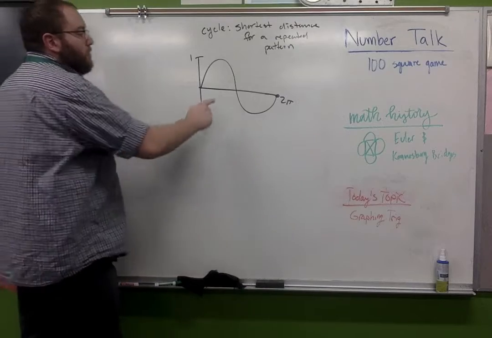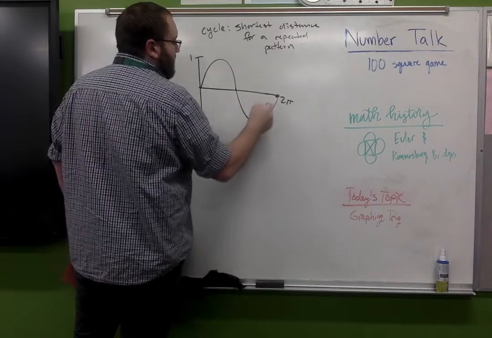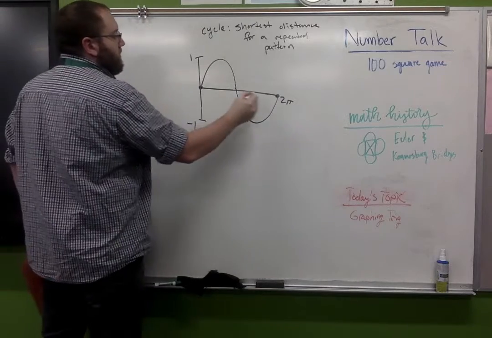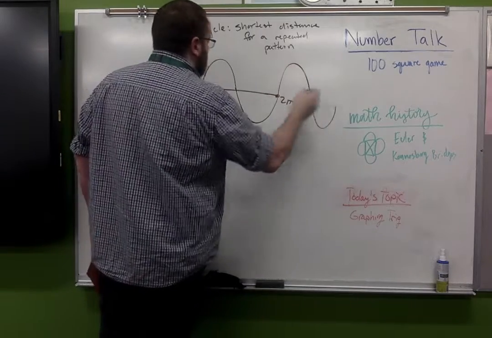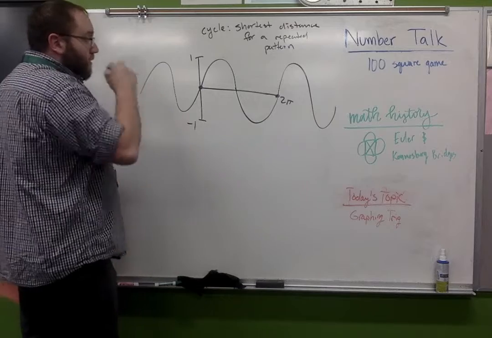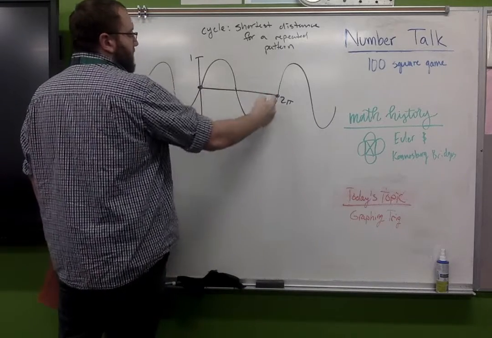So our shortest distance for a repeated pattern is just the unit circle, right? So our cycle is from here to here, right? Because after that, it just starts to repeat, and before this, it starts to repeat. So our cycle is from here to here. This shape of the graph right here is your cycle.